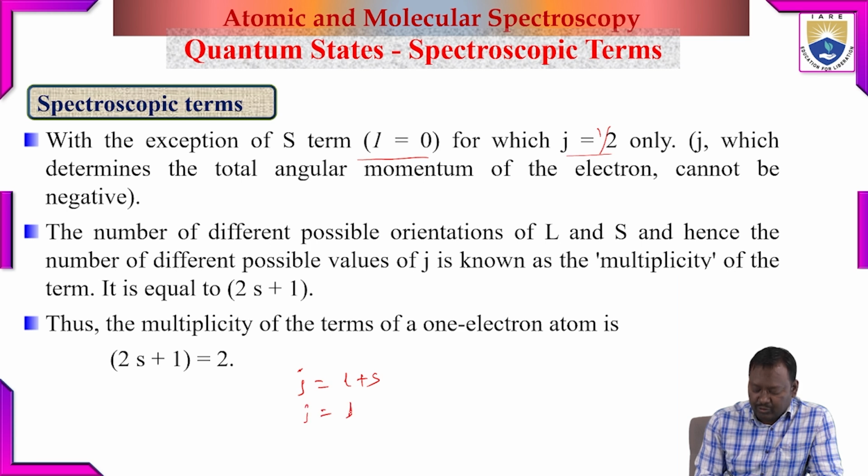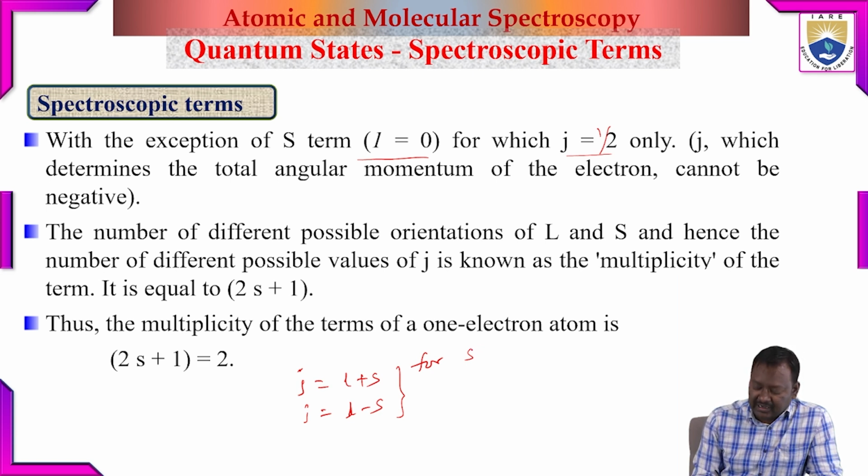There could be two possible values for J whenever spin orbit interaction occurs. In general, for the S term, that means S orbital, L is 0 for the orbital angular momentum.